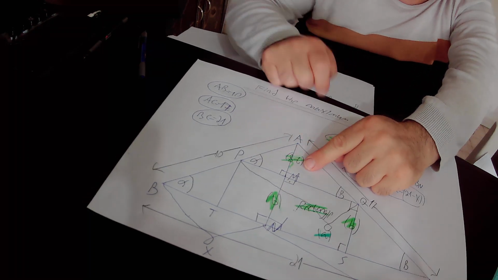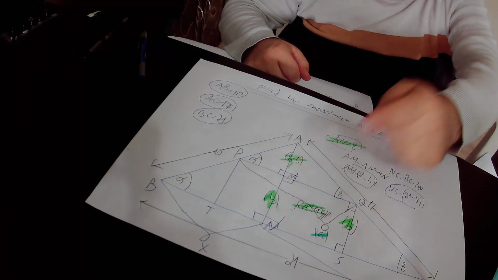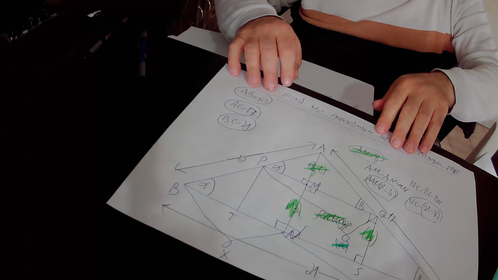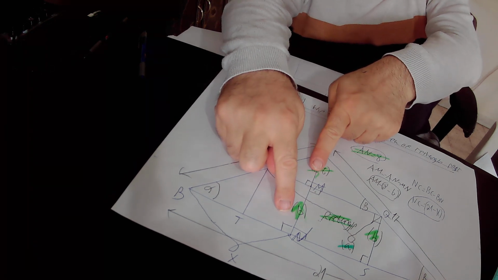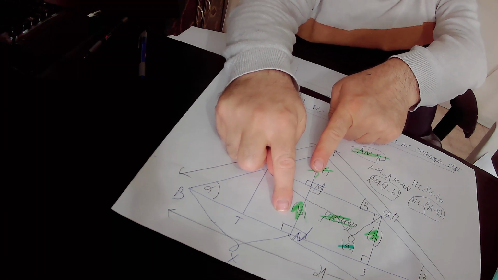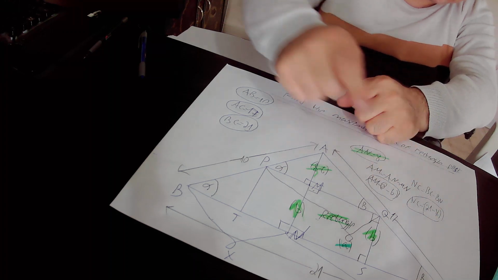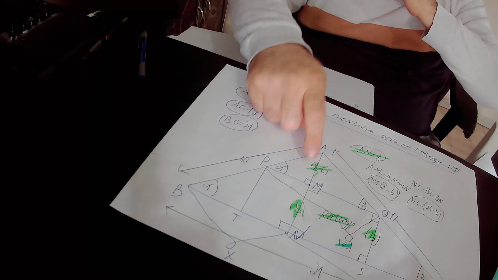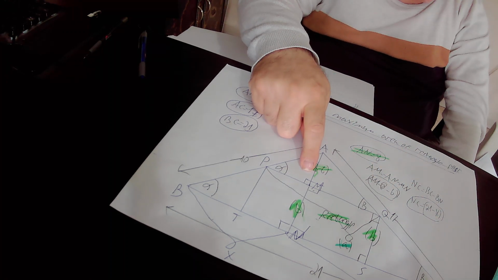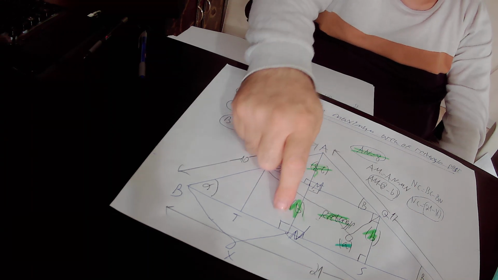But this angle equals 90 degrees according to our construction, therefore this angle must also equal 90 degrees. Likewise, we have those two angles. They are also corresponding angles located between the same two parallel lines PQ and BC, therefore they must be equal to each other. But this angle equals 90 degrees according to our construction, therefore this angle must also equal 90 degrees.